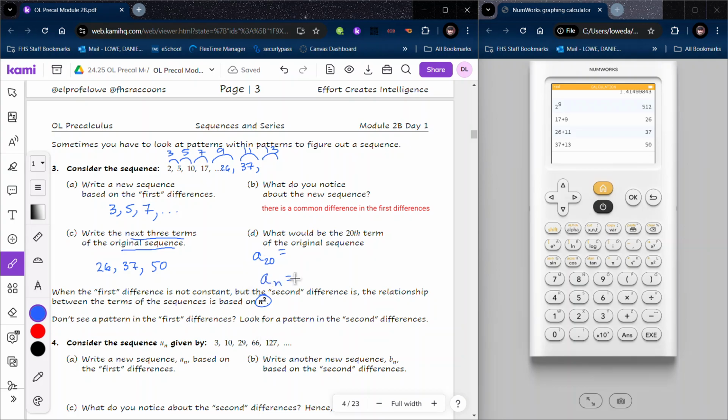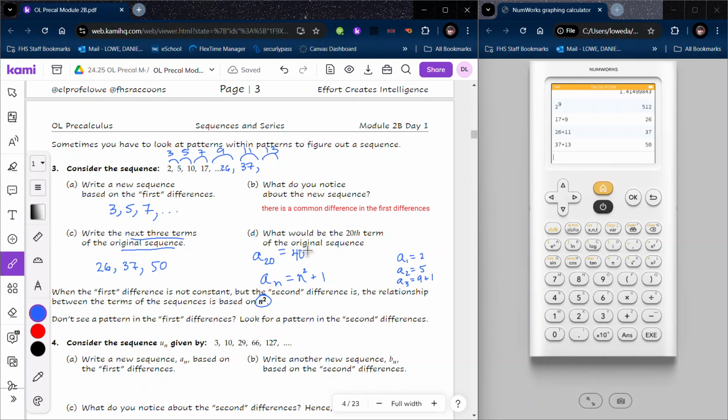So that means that I need to think about n squared when looking at these numbers. So I can then quickly determine that a sub n is going to be n squared plus 1. Right, because that would give me a sub 1 is equal to 2, a sub 2 is equal to 5, a sub 3 is equal to 9 plus 1, which would be 10, and so I can see that pattern holds. So what would a sub 20 be?